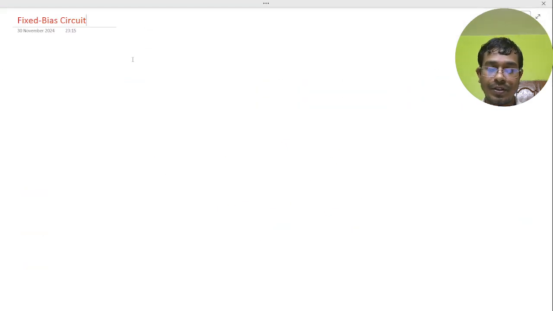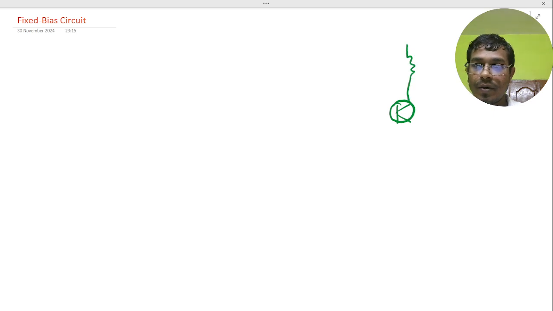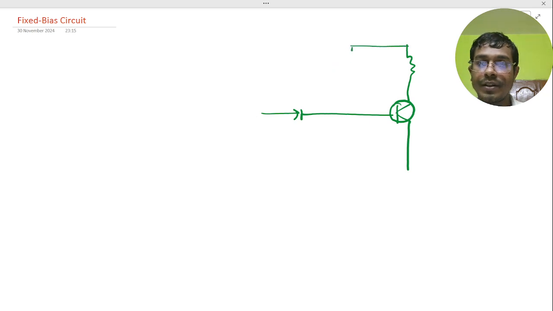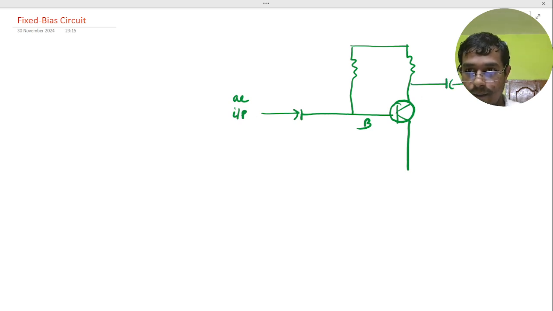So basically we have discussed here the DC biasing of BJTs, and the another topic is the fixed bias circuit. For the fixed bias circuit, we should draw the circuit for simplification: here the transistor, and this one is for VCC, and here is basically input AC, and this one is output AC.